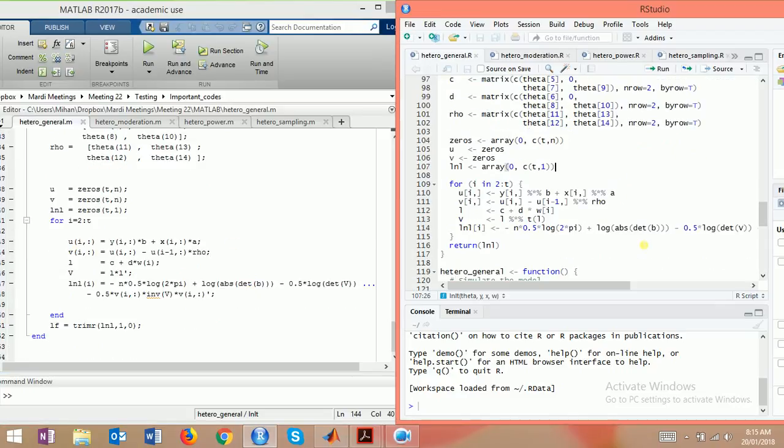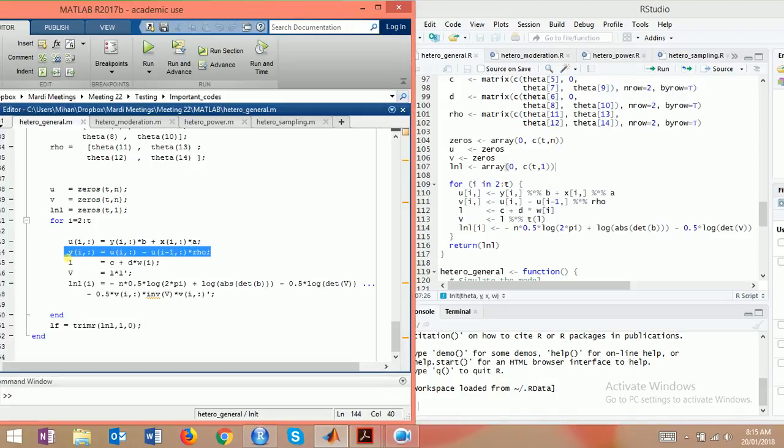Then uy beta y plus ax vi ut minus rho ut minus 1. This is the regular autoregressive residual, which is equal to ut minus rho ut minus 1. L is cdwi, v is ll transpose, or I can just suggest it as s.